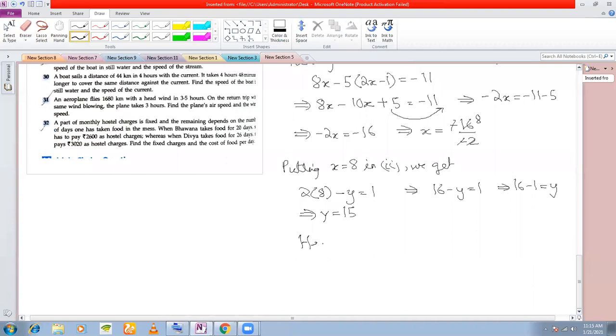Hence, the original fraction, we have taken the original fraction to be x by y. So x here is 8 and y here is 15. So that is the solution to this problem.